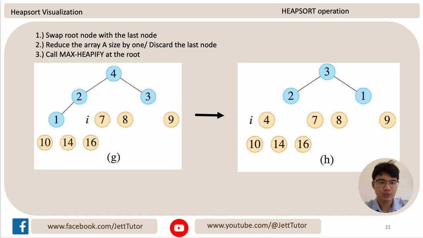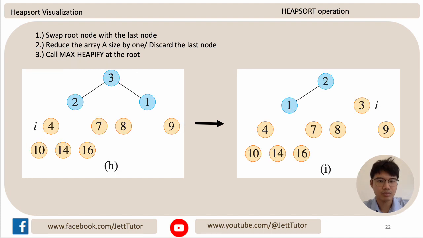We swap the root node with the last node, and then we reduce the size by 1, and then we call max heapify. The result is on the right. We follow the same process again. We swap the root node with the last node.